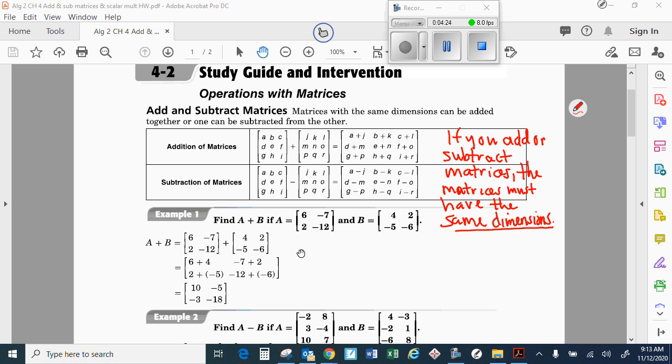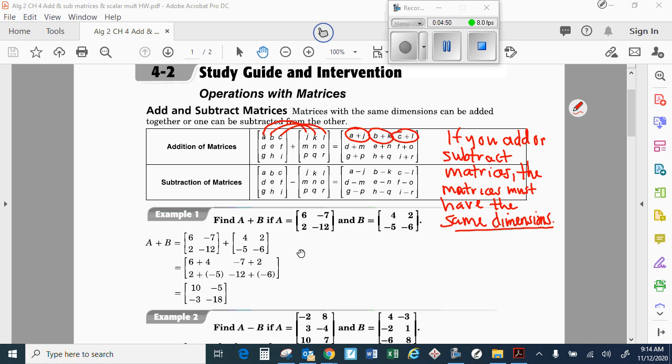Now, once you have the same dimensions for the matrices, then I just add their like spots, their like elements. So that's row 1, column 1, and that's row 1, column 1. That's why you see A plus J. I'm just adding the same spots. B plus K, C plus L, and they go in the same spot.